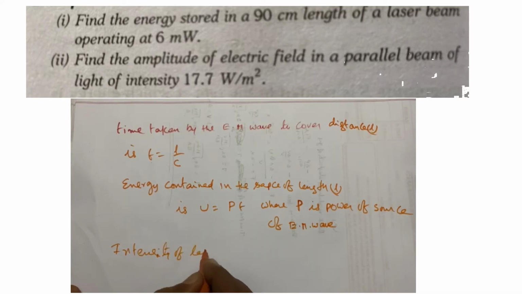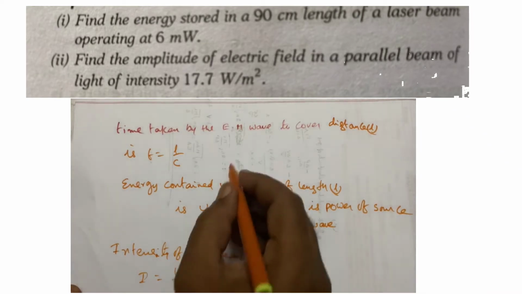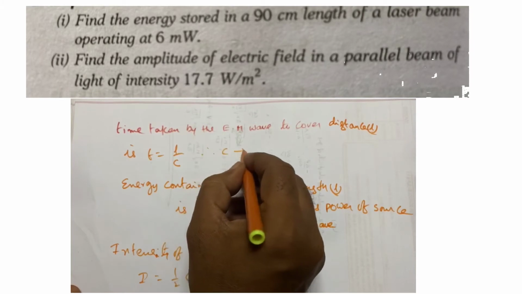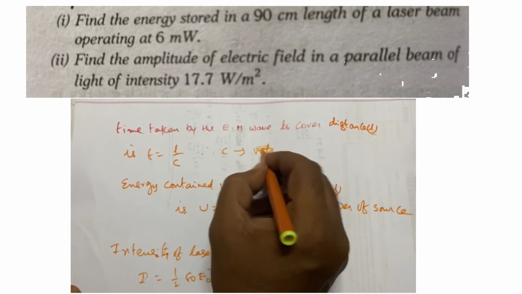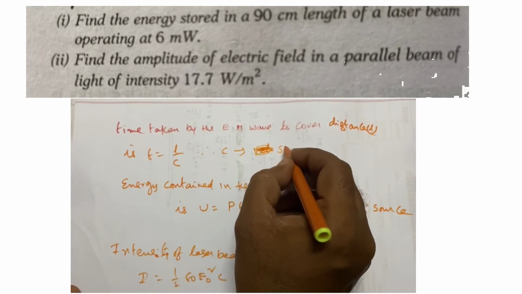Intensity of a laser beam or EM wave: I equals half epsilon naught E naught squared into c, where c is the velocity of light, the speed of the EM wave.